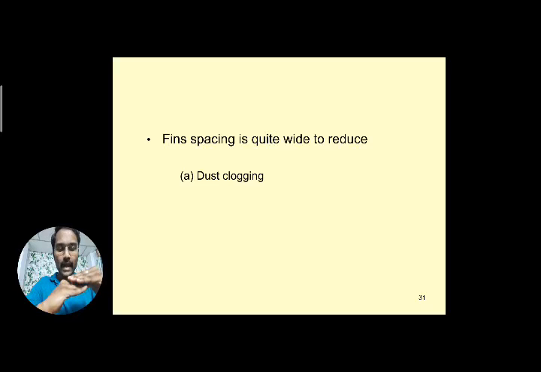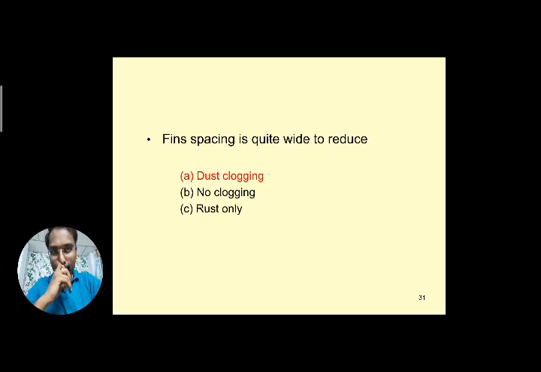If the gap provided between them is very narrow, dust will occur in between them, so the heat transfer rate will reduce. So that is a problem. The main problem is to avoid dust clogging, so wide fin spacing is provided. So the options are given like dust clogging, no clogging, rust only. The better answer is dust clogging. So it will reduce the dust clogging.